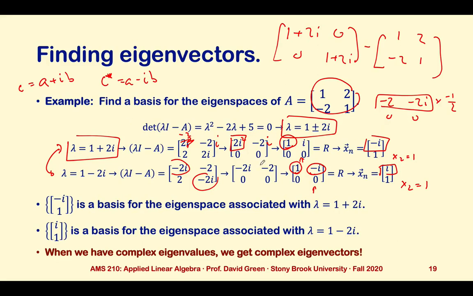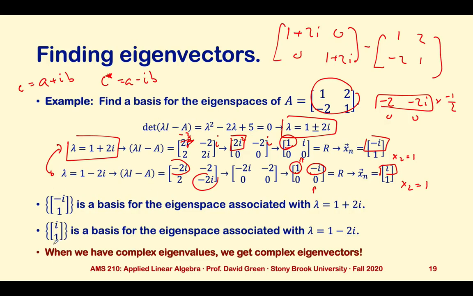One-dimensional basis for each of these. We have a basis for the eigenspace associated with our first eigenvalue, a basis for the eigenspace associated with the second. One important result here: when we have complex eigenvalues, we get complex eigenvectors.